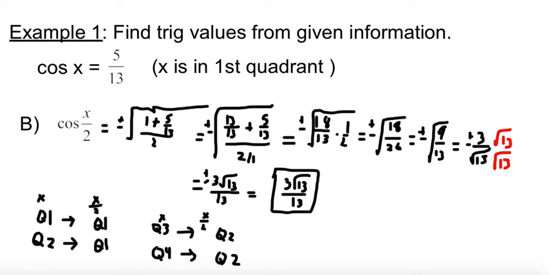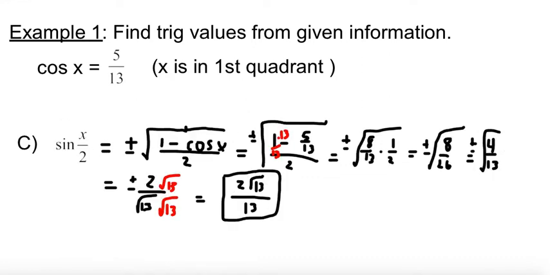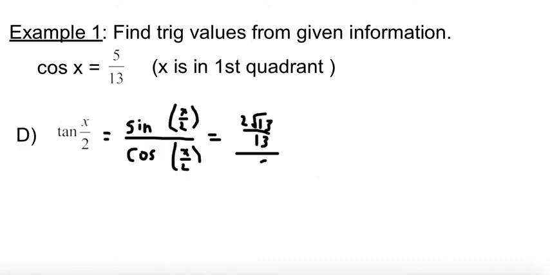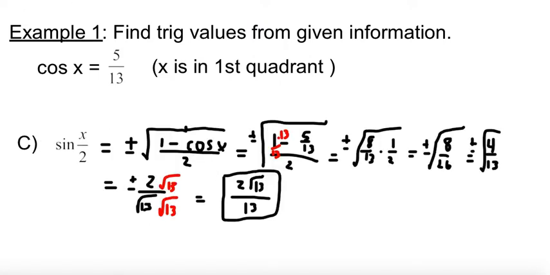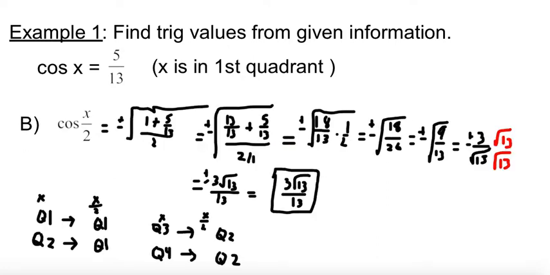Was 3 square root of 13 over 13. Right? So a half angle there for sine was 2 square root of 13 over 13. And the half angle there for cosine was 3 square root of 13 over 13.